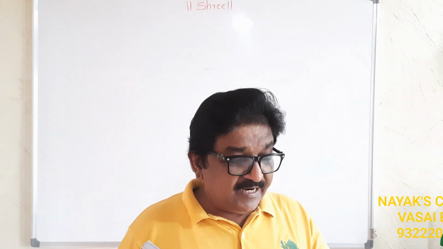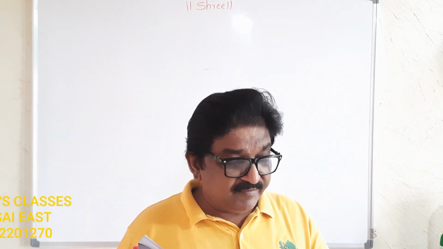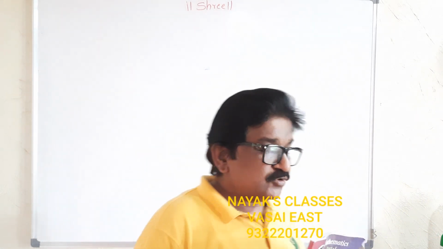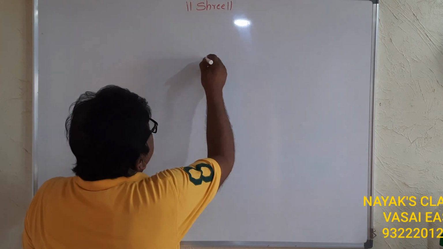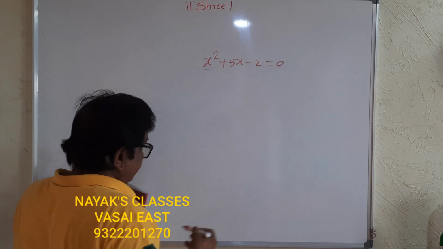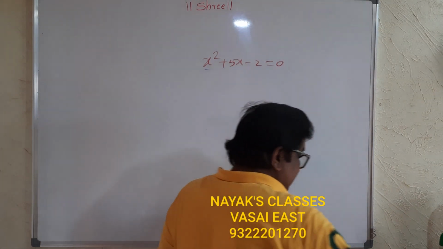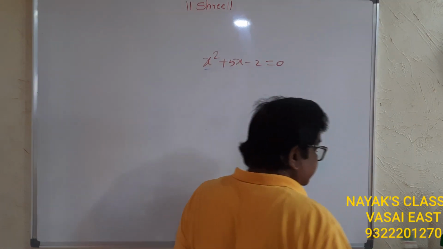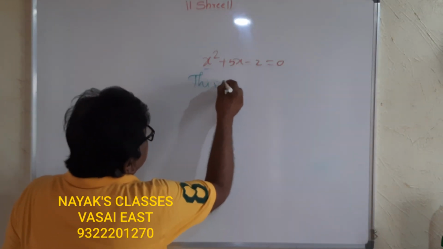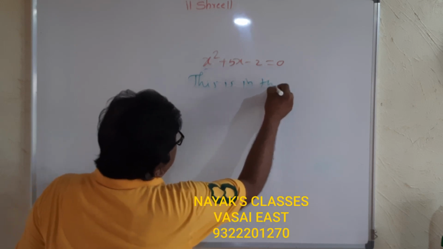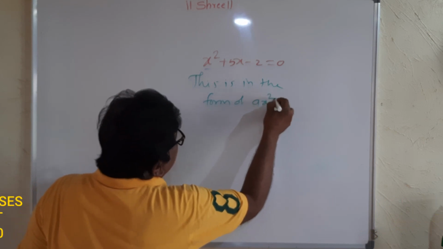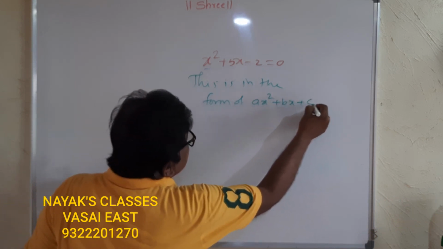Second question is, decide which of the following are quadratic equations. X square plus 5x minus 2 is equal to 0. This is in the form of ax square plus bx plus c.